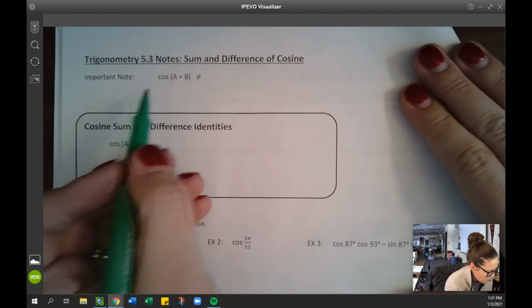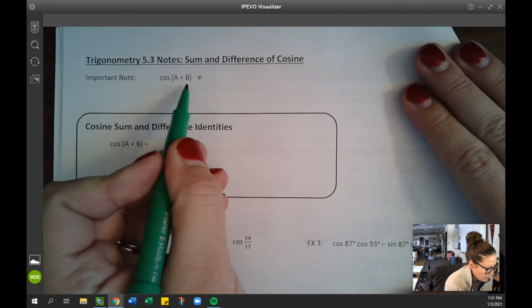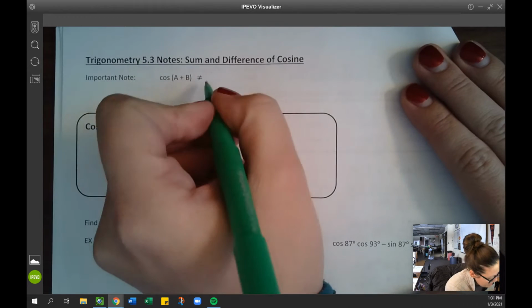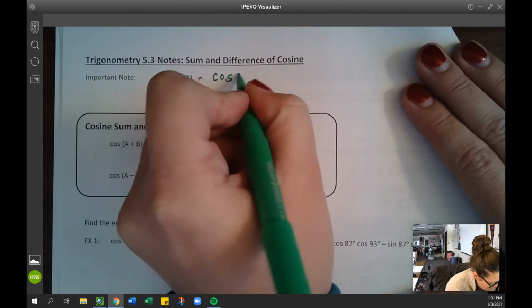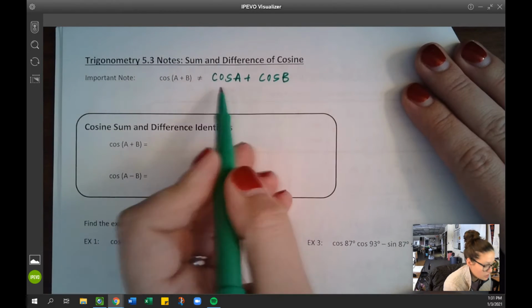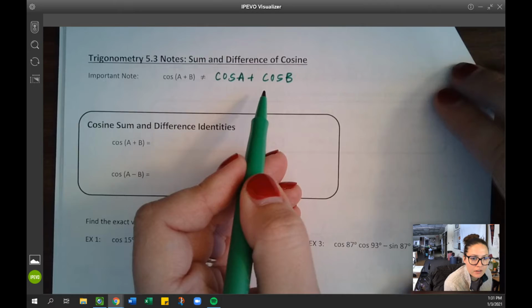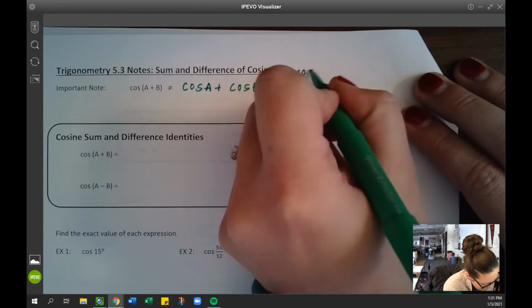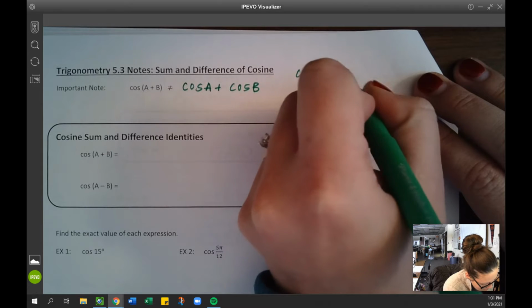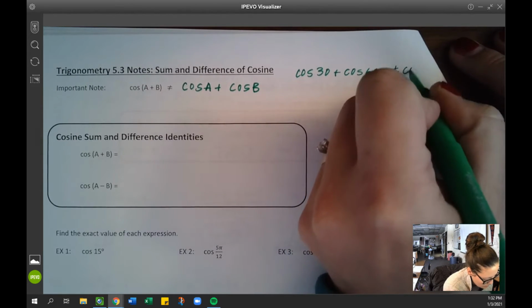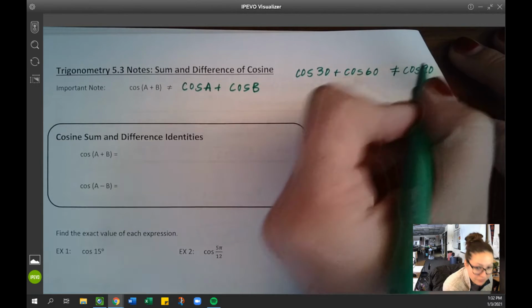So the first thing that you need to remember is that the cosine of two angles is not simply the cosine of those two angles added together. Like, for example, if I did cosine 30 plus cosine 60, that does not equal the cosine of 90.